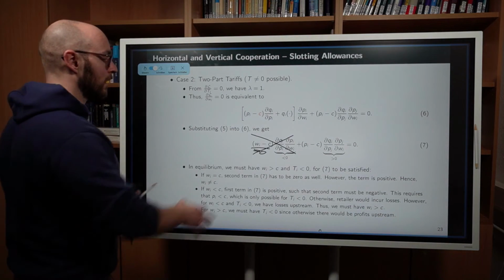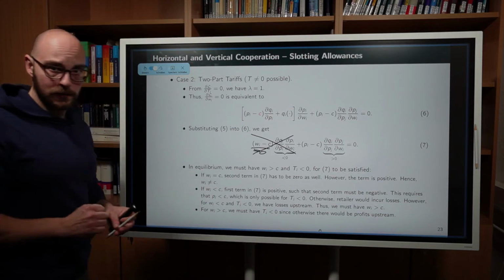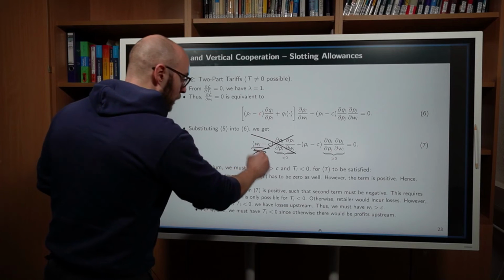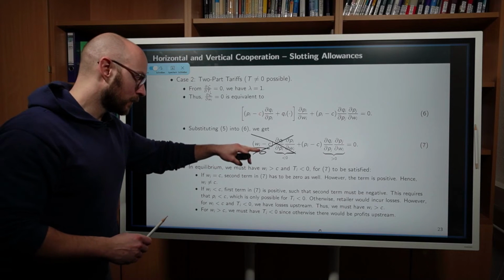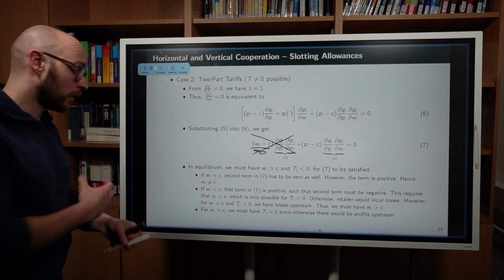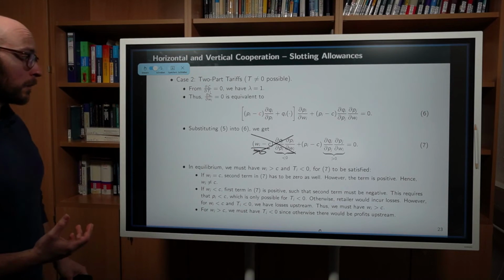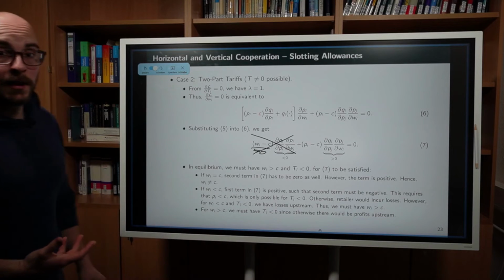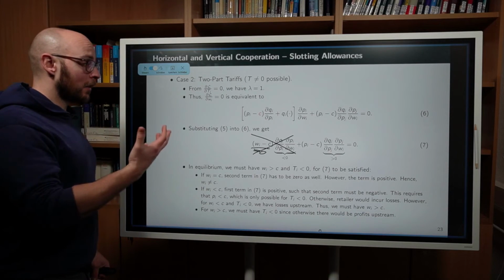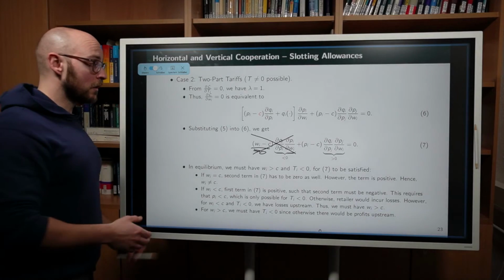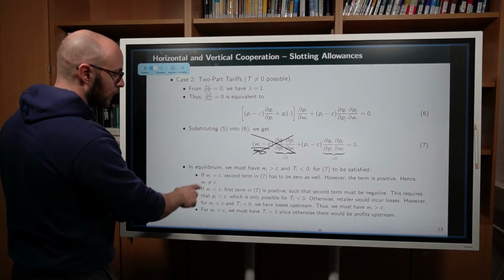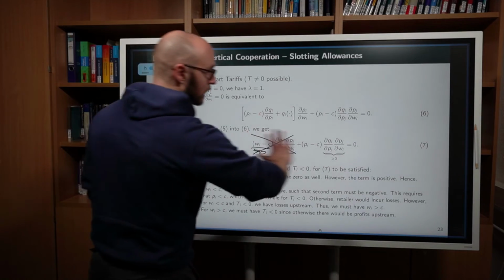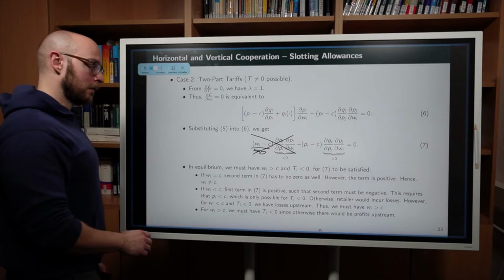There's no reason that if you are sold the product at a price equal to marginal cost, which basically means Wi is equal to C, so you are sold the product for a price equal to marginal cost, why should the retailer set a price of marginal cost as well? There's no need to. This term will be greater than 0 if Wi is equal to C. So 7 will not be satisfied.